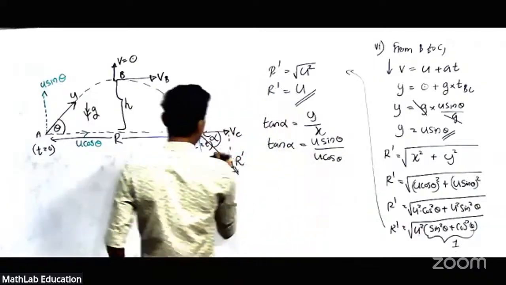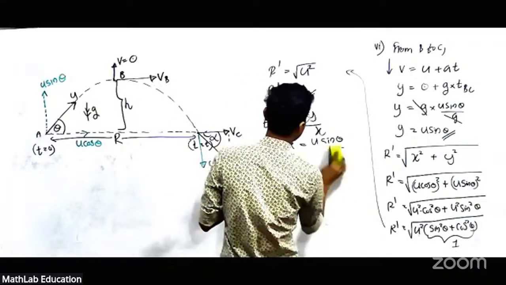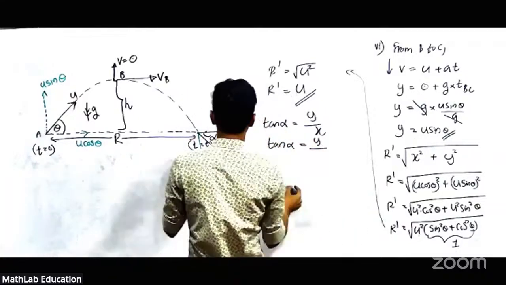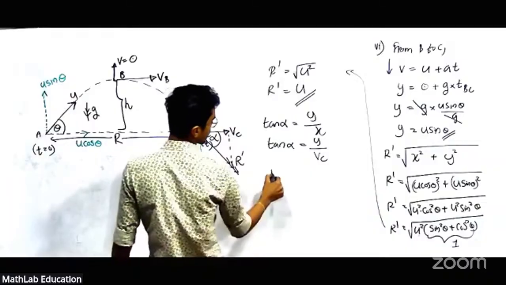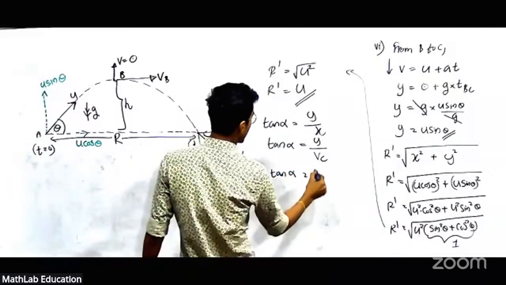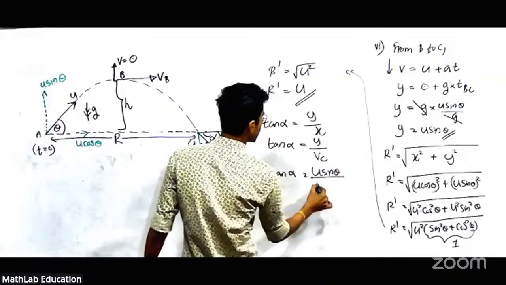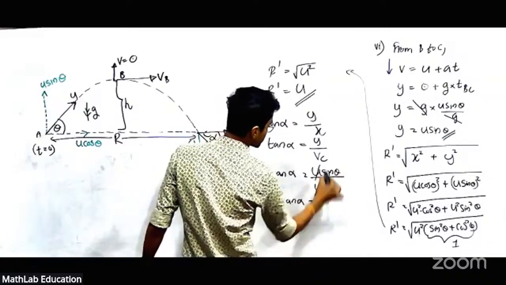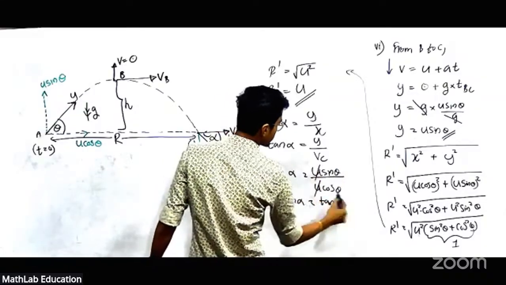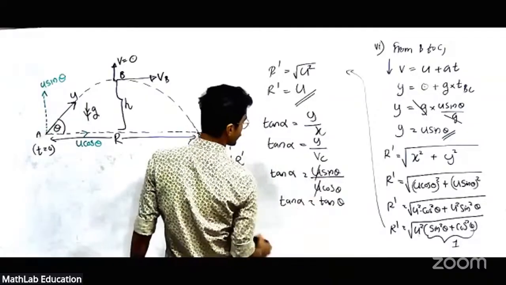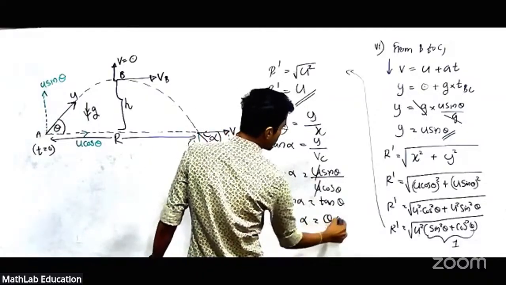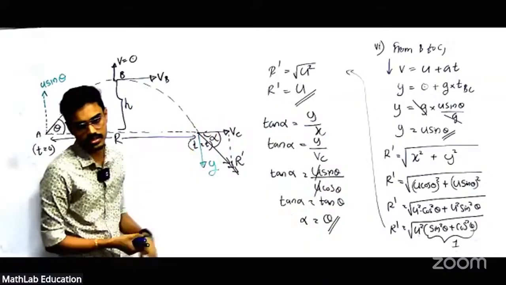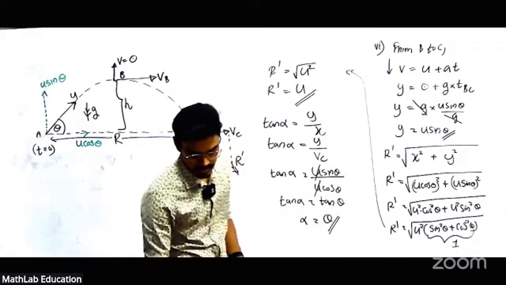Let me label: y is also y and x is VC, according to my labeling. Then tan alpha is u sin theta over u cos theta, u and u cancel. Tan alpha equals sin theta over cos theta, which is tan theta. We can remove tan from both sides. So alpha equals theta, which means the angle is theta with horizontal.